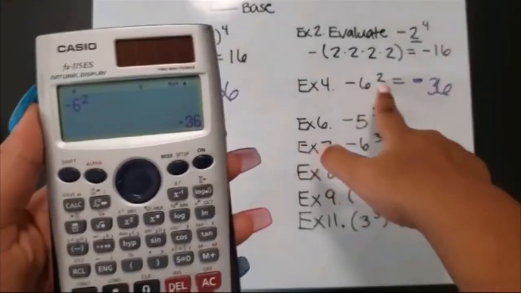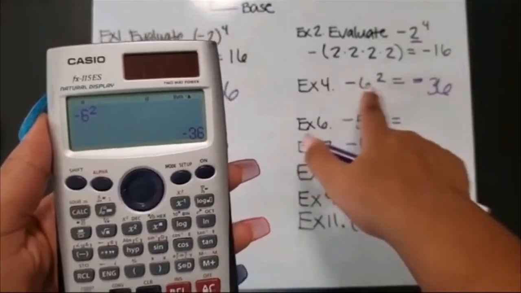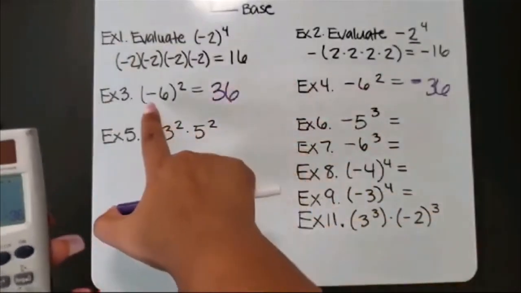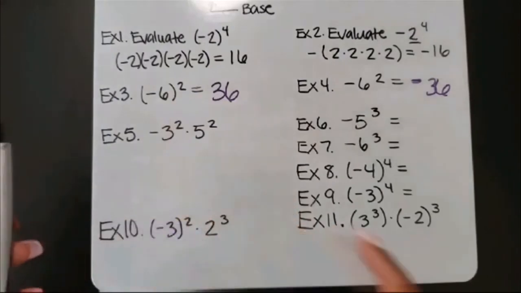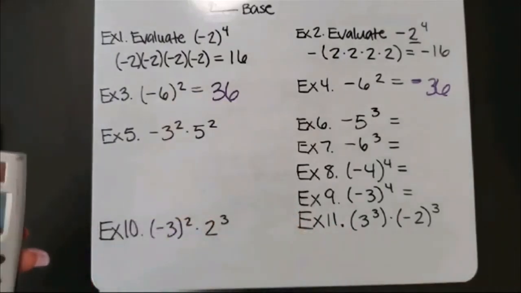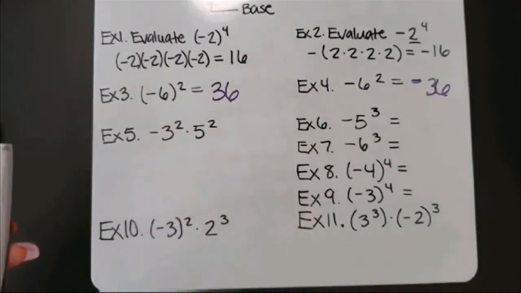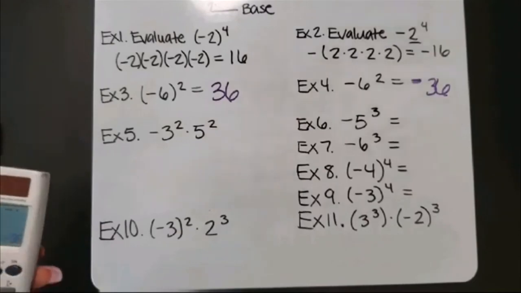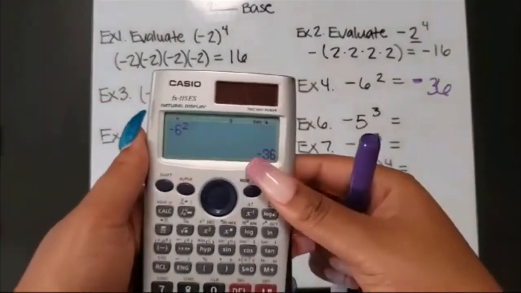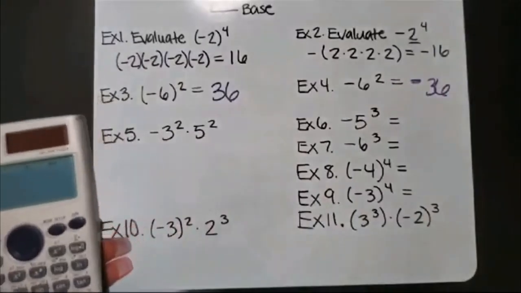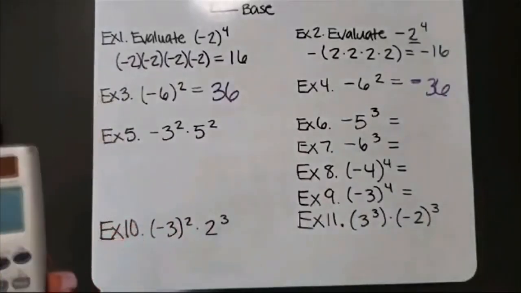This 6 is being squared, not the negative 6. Over here, the negative 6 is being squared. That's why they put it in parentheses to show you that that whole group is being squared, okay? So that's something to definitely pay attention to and remember.